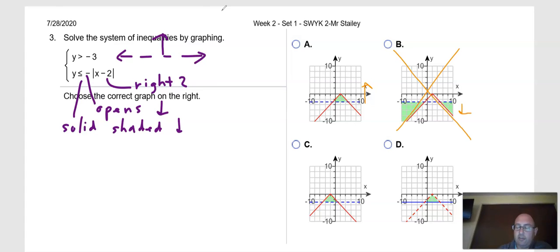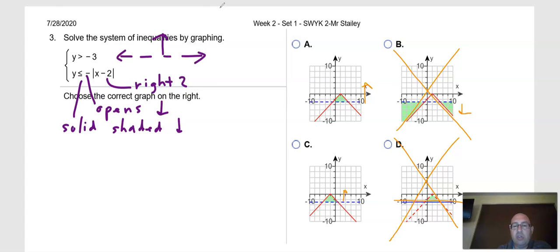So that's a bad choice. D, that is a solid line. We needed a dotted line, so that's a bad choice. So this one's a dotted line, even though I drew a solid line for some strange reason. And it is shaded above, so that's good news.